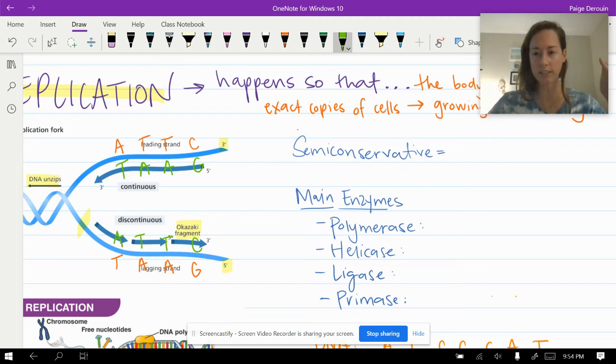And that is amazing. Because each new strand of DNA will have half of the old letters and half of the new letters, we call that semi-conservative.